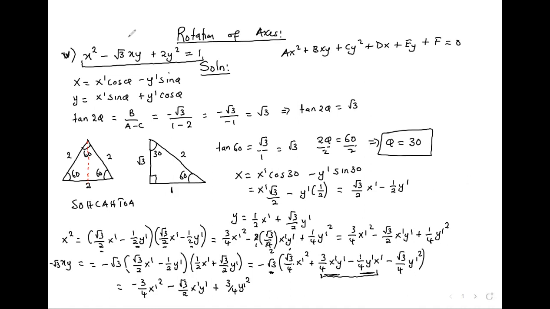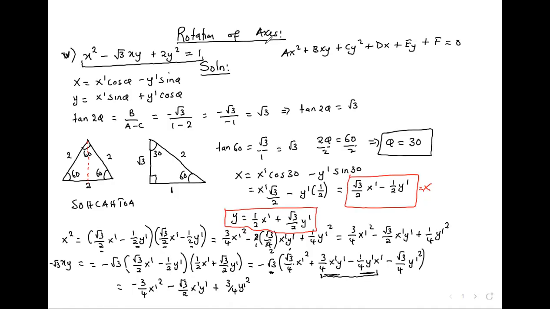These equations need to be taken care of very well. This is x. This is x. And this is y. Okay, so now I'm picking y: half x prime plus root 3 over 2 y prime, multiplied by half x prime plus root 3 over 2 y prime.